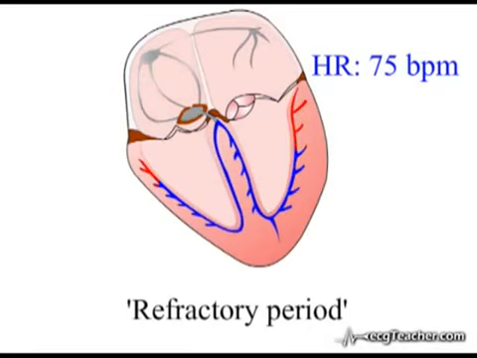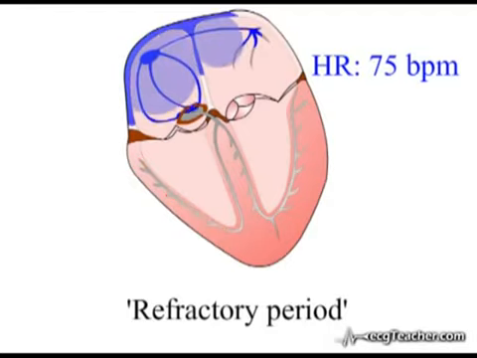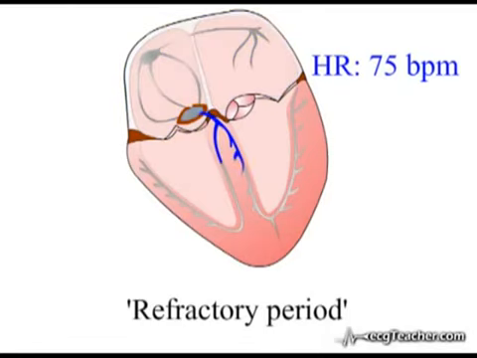Specifically, the refractory period of the left and right bundle branches become more prolonged as the heart rate slows. Also, as illustrated here, the left and right bundles have slightly different electrical properties, with the right bundle branch having a longer refractory period than the left.